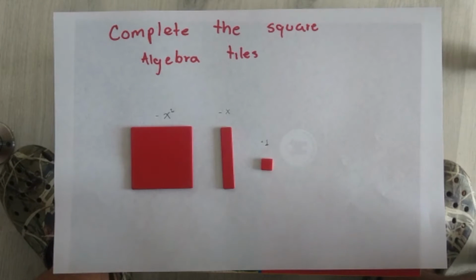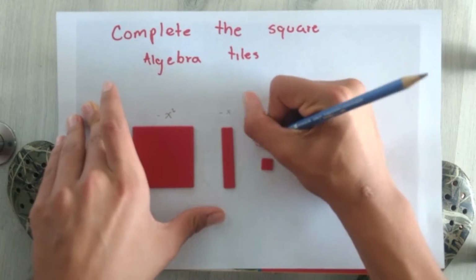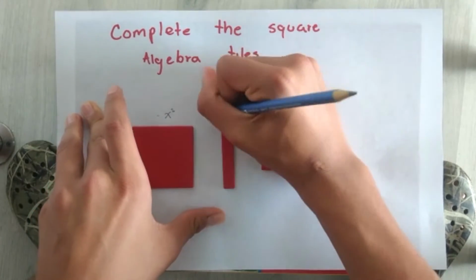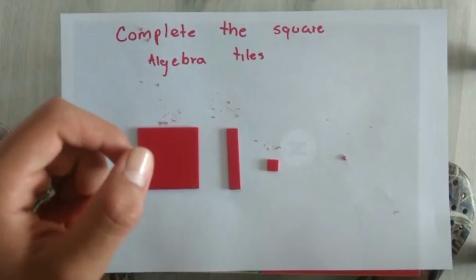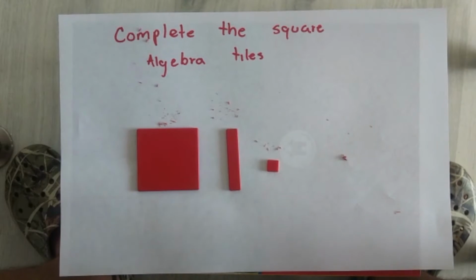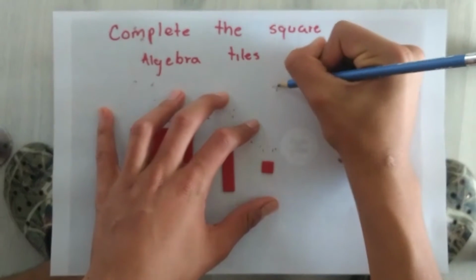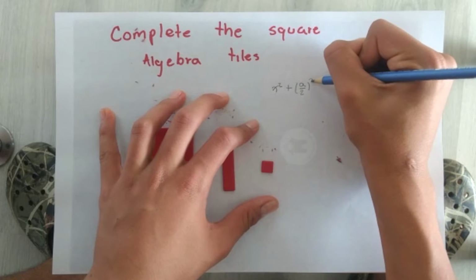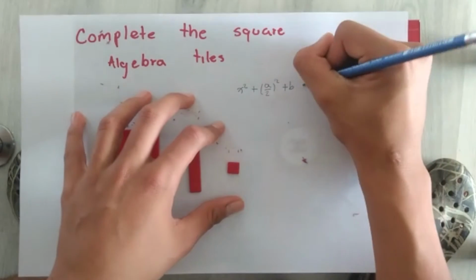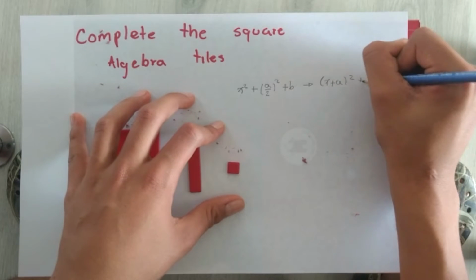You may be asking why I want to play this game. Well, we want to complete the square with this game to avoid a long process, first to understand it in an easy way, and second, to avoid this long equation that is x to the second power plus a divided by 2 to the second power plus b, which will equal x plus a to the second power plus minus b.